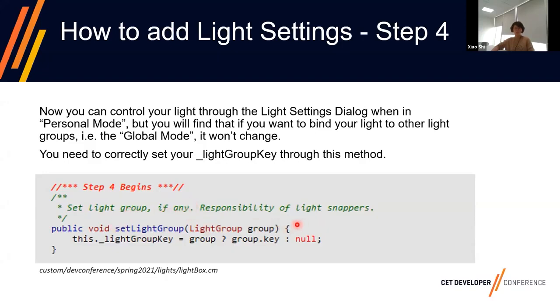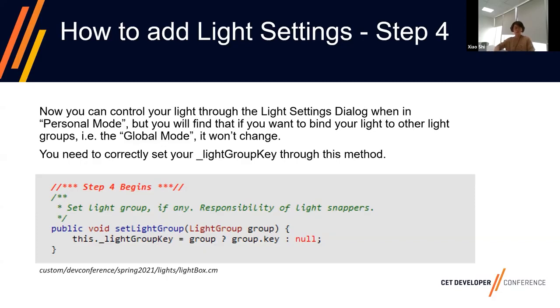And here you need to check your light group key and bind it to your own light group key. And if it passes in the personal mode light group, the key is now, then your light group key will be now. And then remember, in the snapper light group, it will just fall to the personal mode.